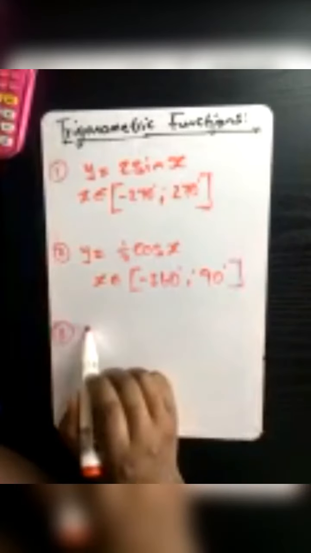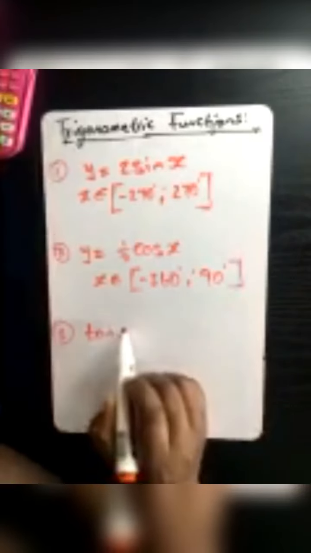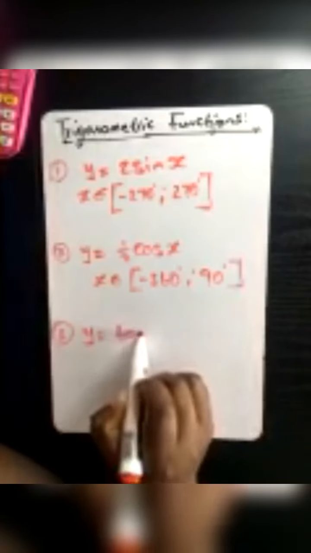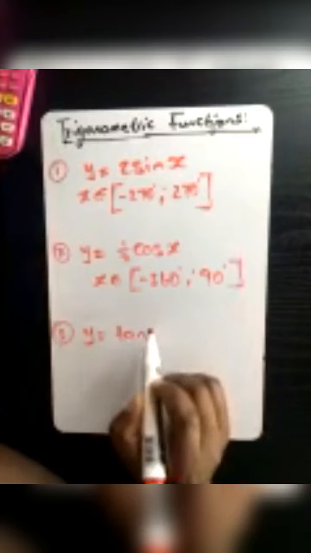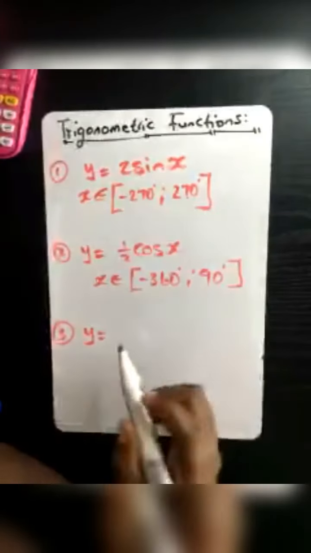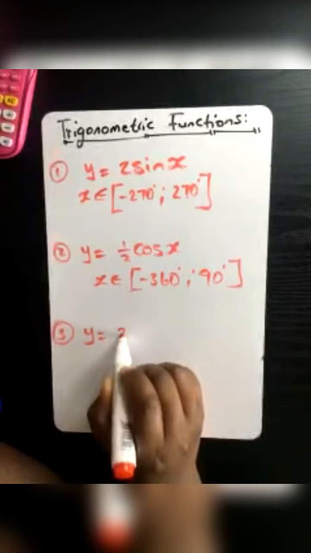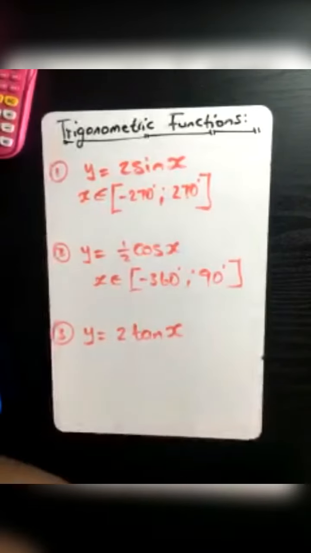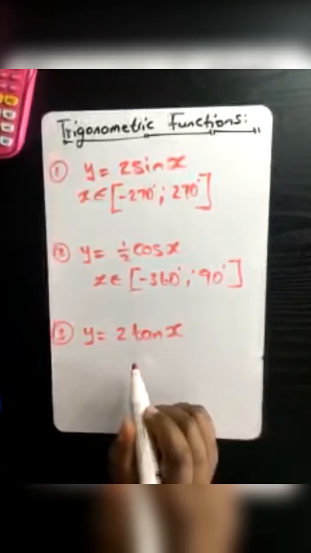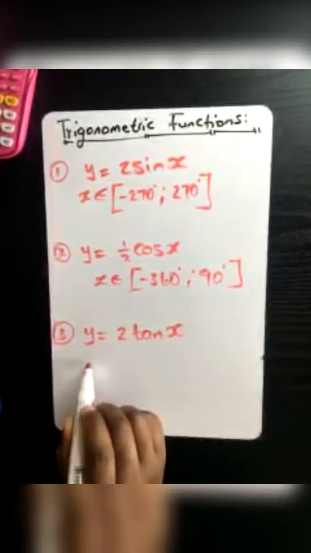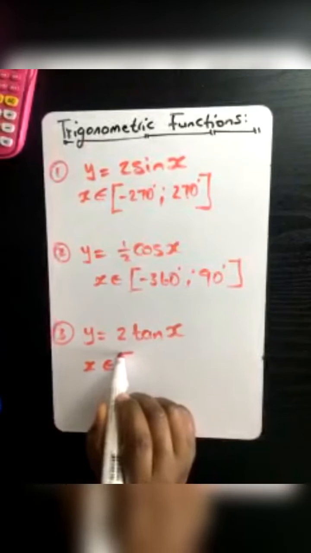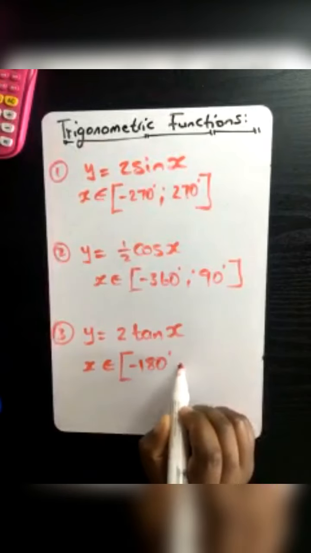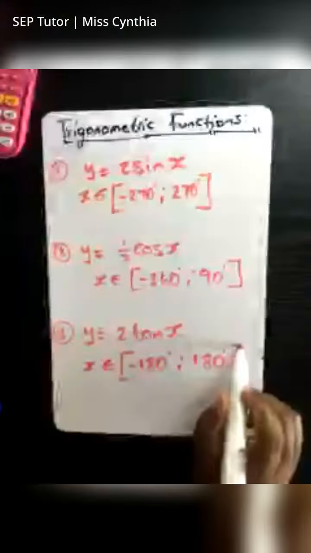Then number three: y equals 2 tan x, where x is an element of negative 180 degrees and 180 degrees.